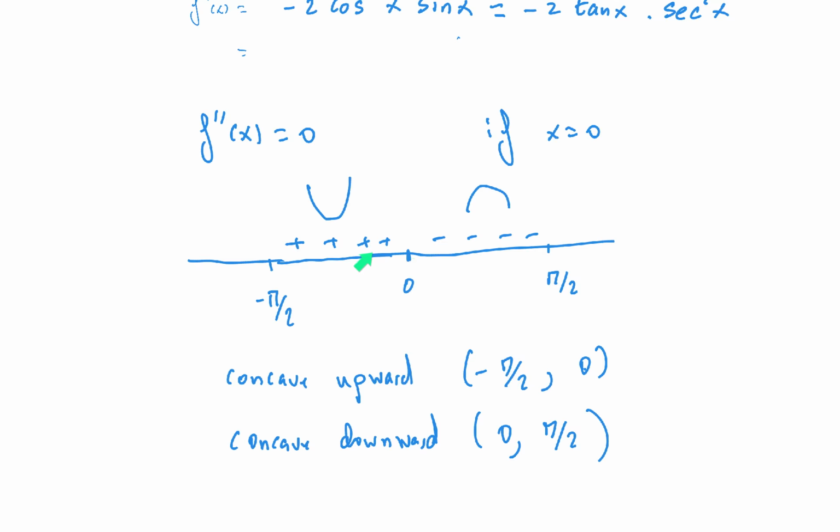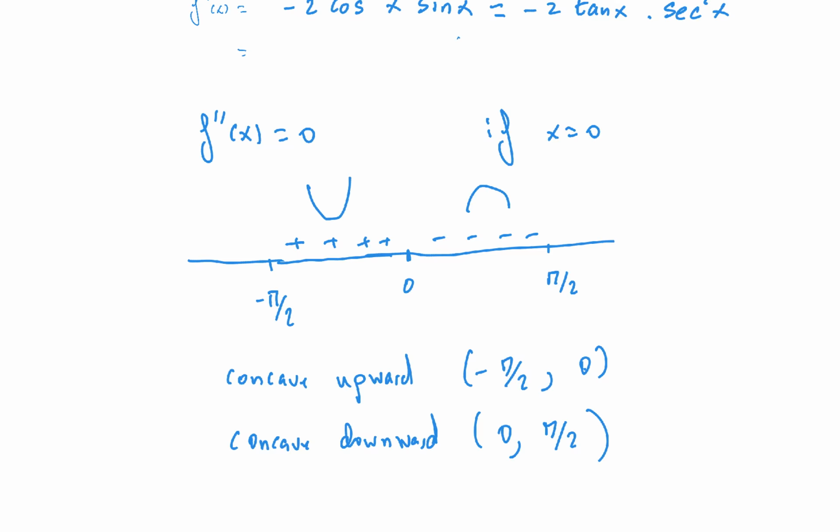Between minus pi divided by 2 and 0, the second derivative is positive. You can plug in any number between minus pi divided by 2 and 0, like minus pi divided by 4, and you would see that in all this interval the second derivative is positive.